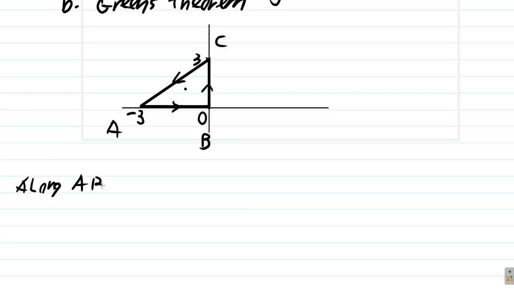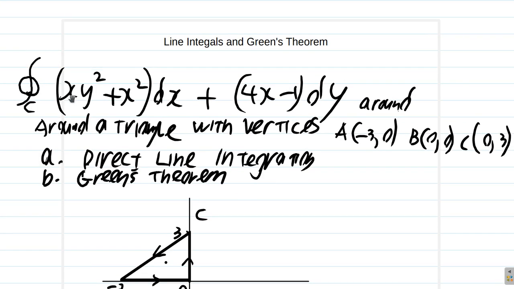All right? Now, let's go along AB. From A to B. What happened? When you go along A to B, and just before that, remember, in this case, we are going to integrate, but we have a problem. You have x and y mixed up together.